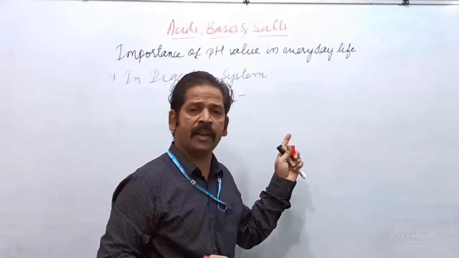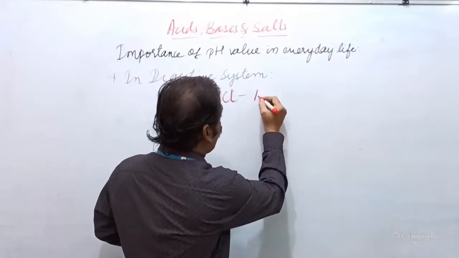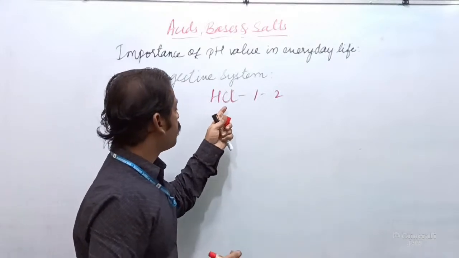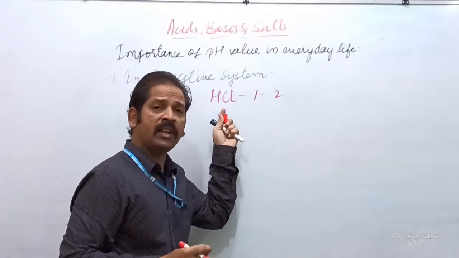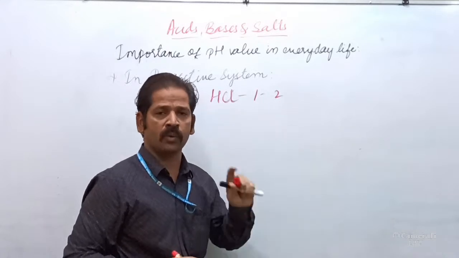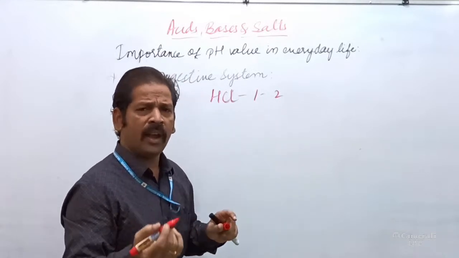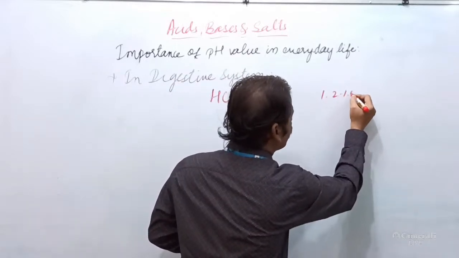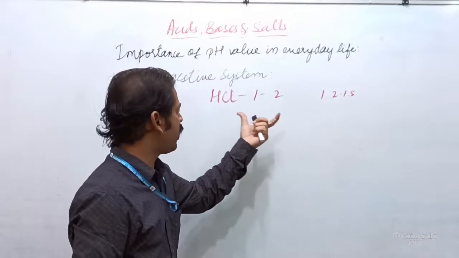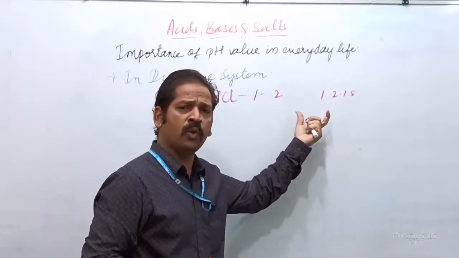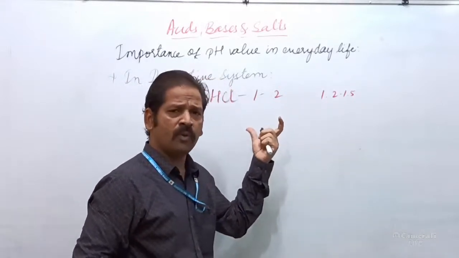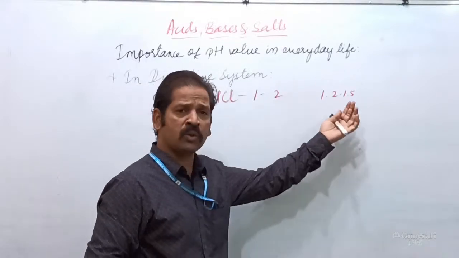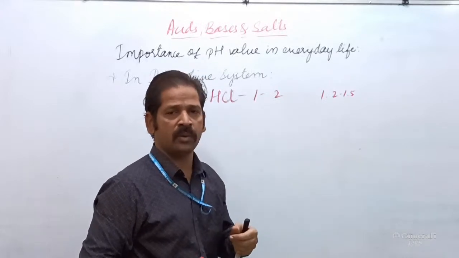Its pH value is 1 to 2. Exactly, the approximate range is 1.2 to 1.5, in a narrow range, not exactly 1, not exactly 2, it will be changing. Usually it is 1.2 to 1.5, but sometimes it becomes 2 and sometimes 1.